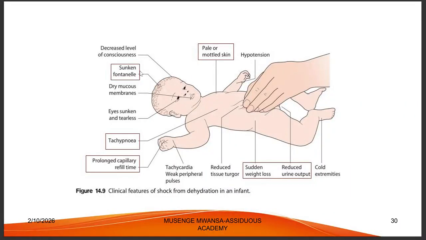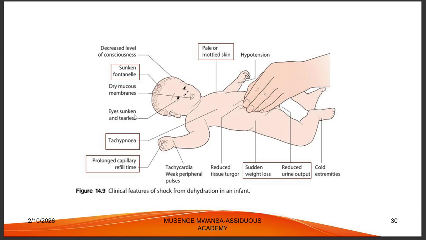These are the signs that you need to look for: decreased level of consciousness, sunken eyes, dry mucous membranes. They may also have tachycardia, because we don't have enough water in the body, so the heart is beating very fast. Prolonged capillary refill time greater than 3 seconds, pale or mottled skin, hypotension.